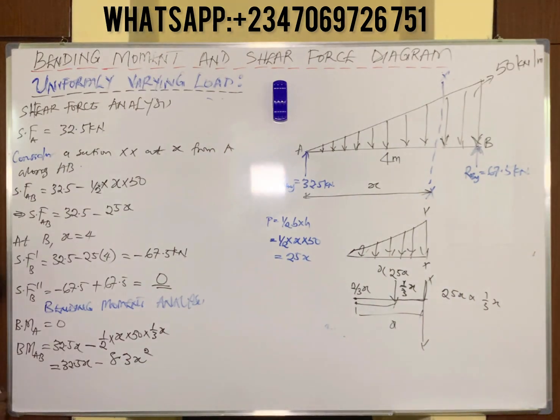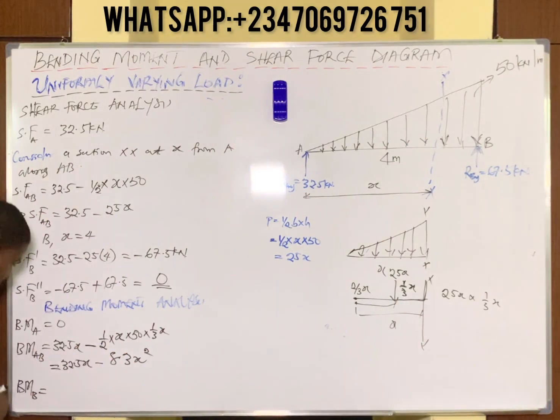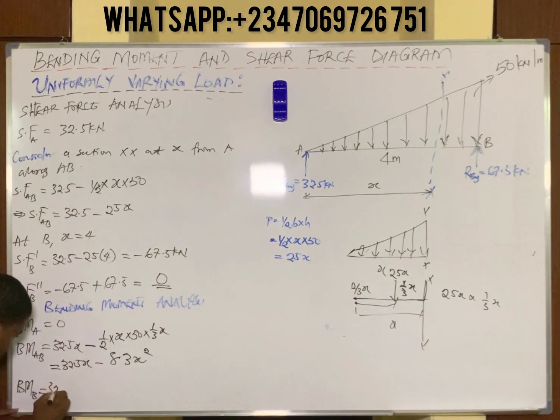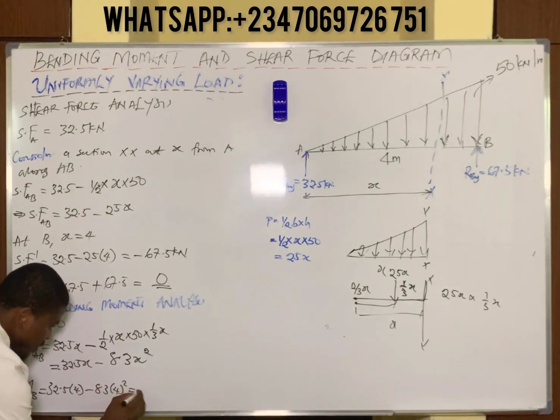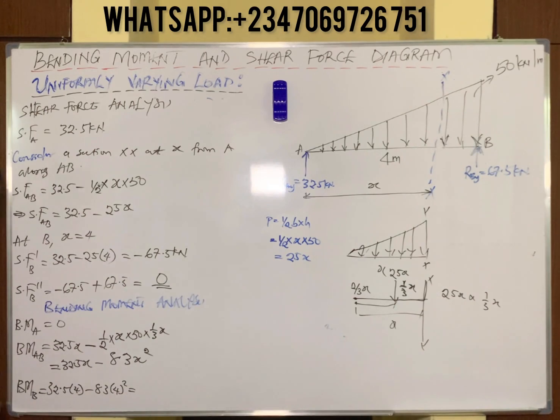Therefore, you can now find bending moment at point B. And this is going to be equal to, that means anywhere you see x, you put in the value as 4 in this equation. So this gives us 32.5 multiplied by 4 minus 8.3 multiplied by 4 squared. Let's obtain 32.5 multiplied by 4.